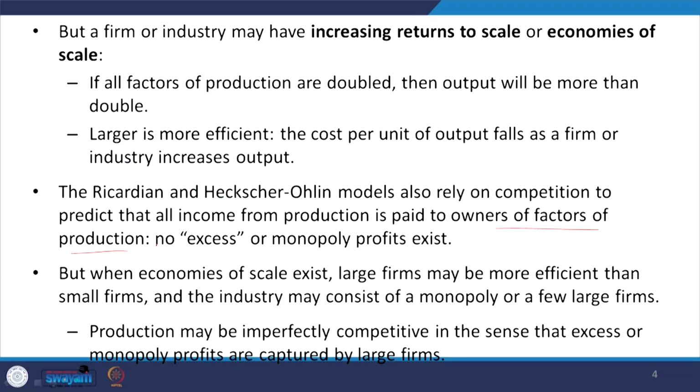So, therefore, the Ricardian and Heckscher-Ohlin models largely rely on competitive setups, and they predict that all income from production is paid to owners of factors of production. So, there is no question of excess or monopoly profit.